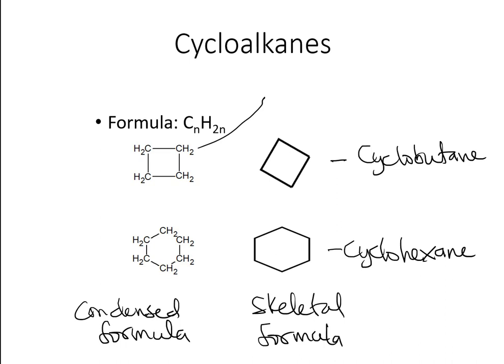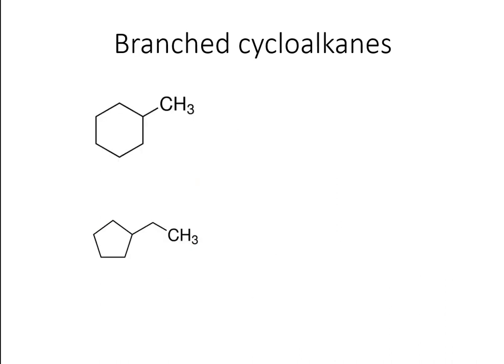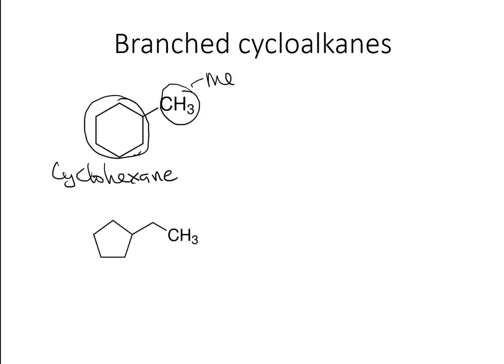Now, in terms of naming, you can also name cycloalkanes like we do with normal alkanes. So let's look at this one. This part here, the parent molecule, is a cyclohexane, but it has a branch. The branch is methyl.